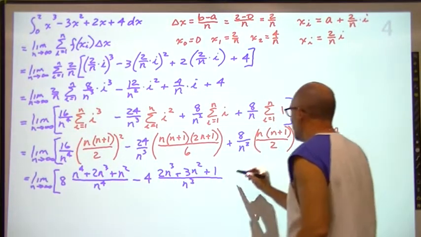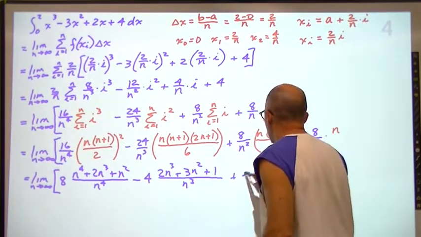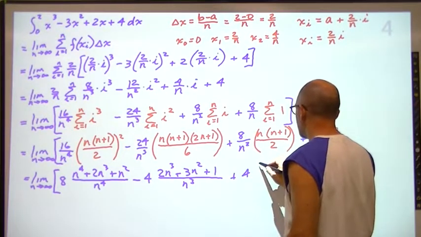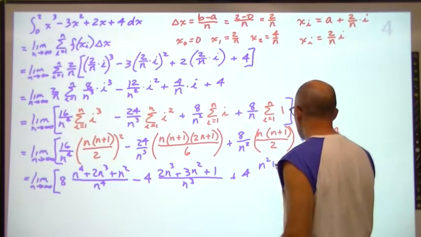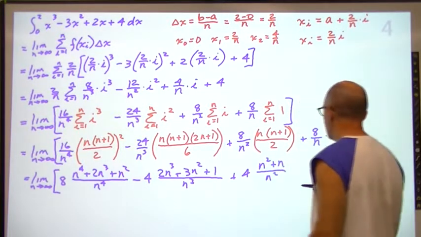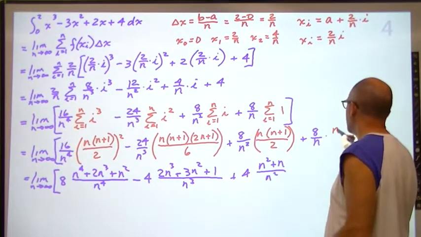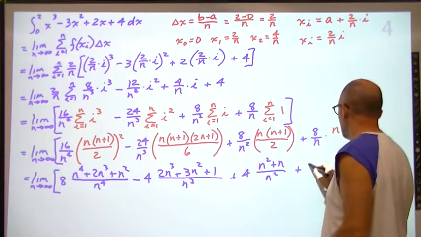Now, 8 over 2 is 4, and n times n plus 1 is going to be n squared plus n, all divided by n squared. And then 8 over n times n is just 8.